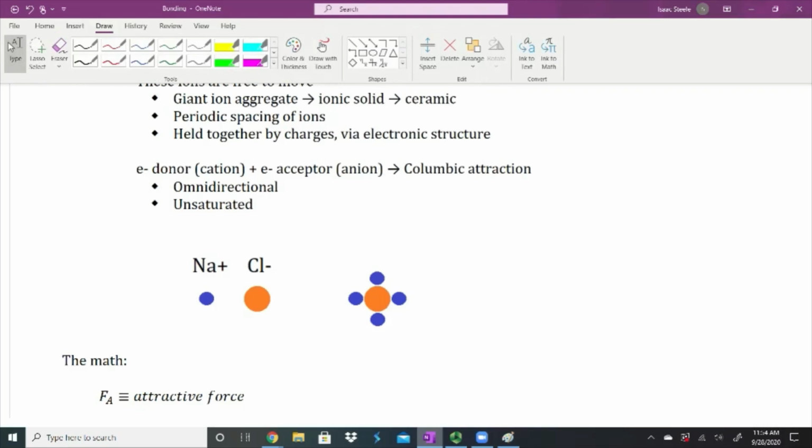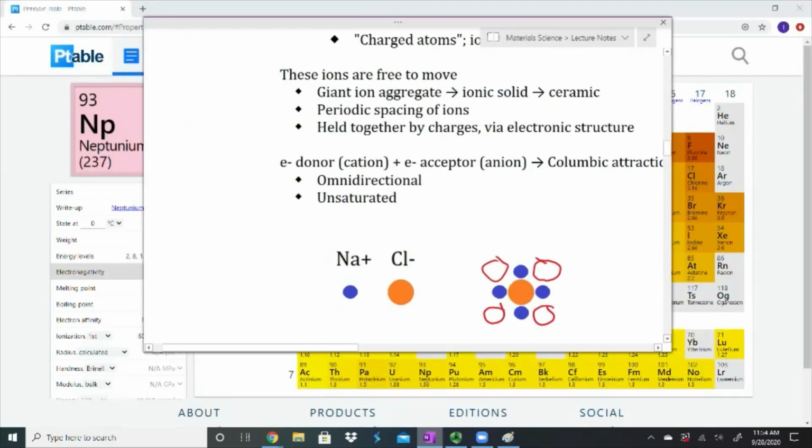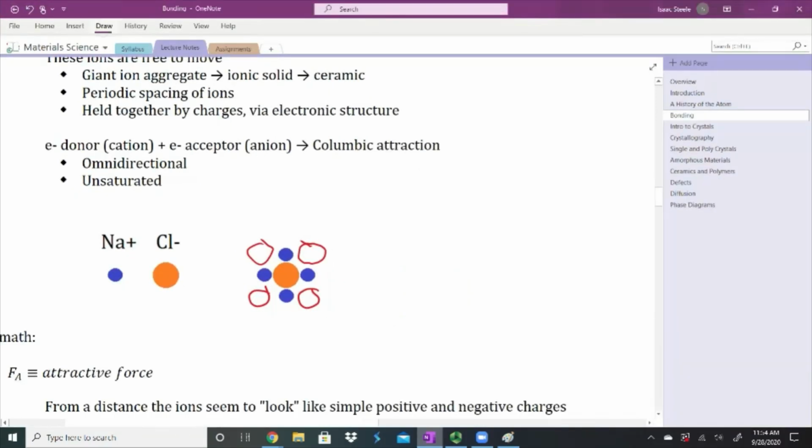So if we get more chlorine ions sitting here, then maybe I would get more of my sodiums.